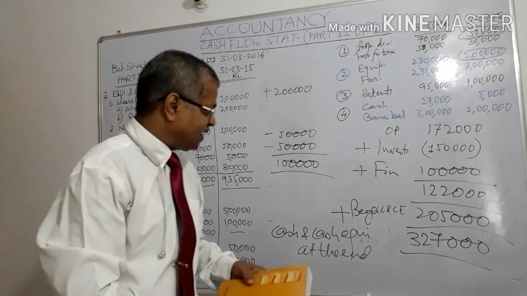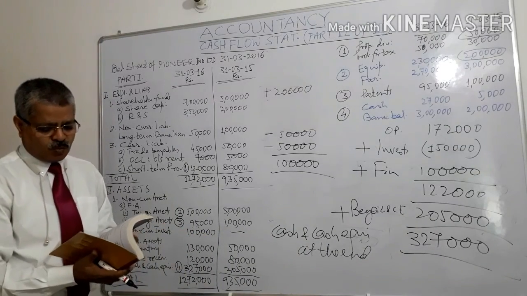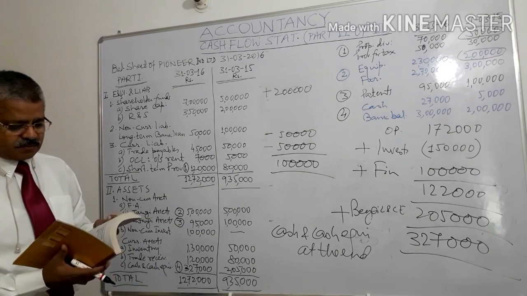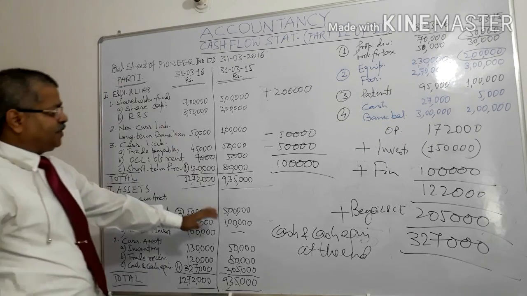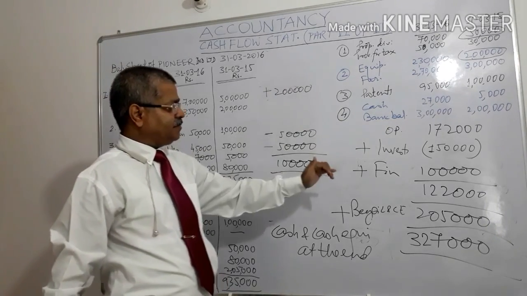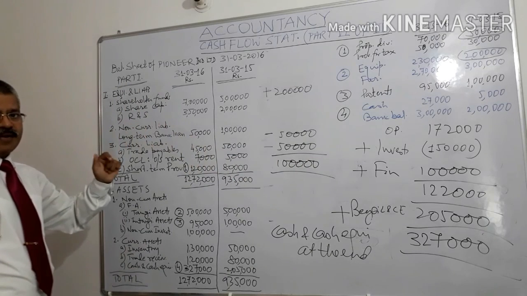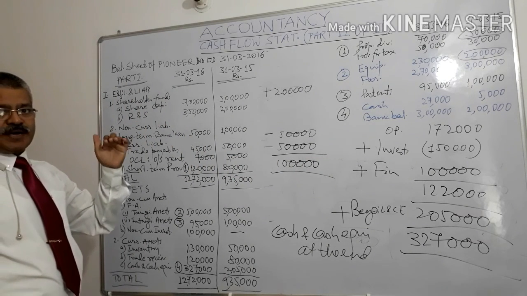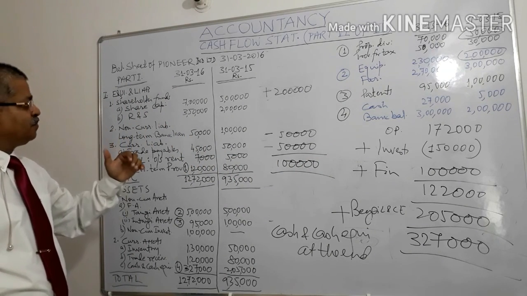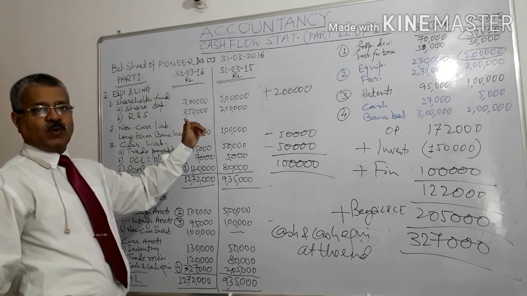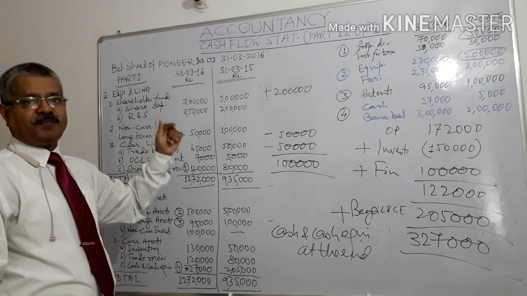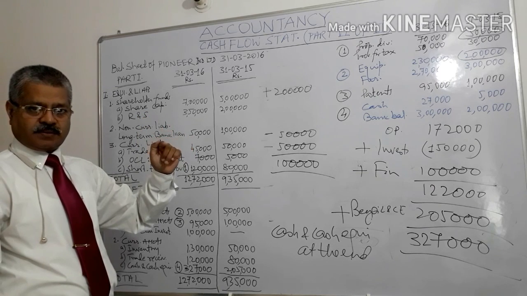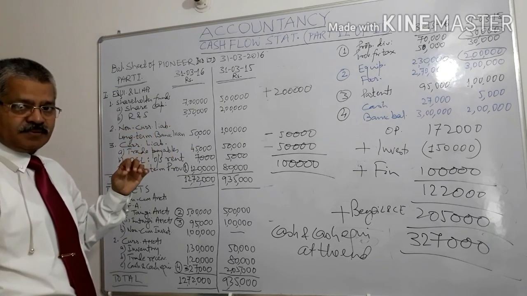So now once again, what we have done in this, out of all these figures we have derived, what we have derived? In order to arrive at the cash flow statement, first we have arrived at the first item. What is that? Net profit before tax and extraordinary items.